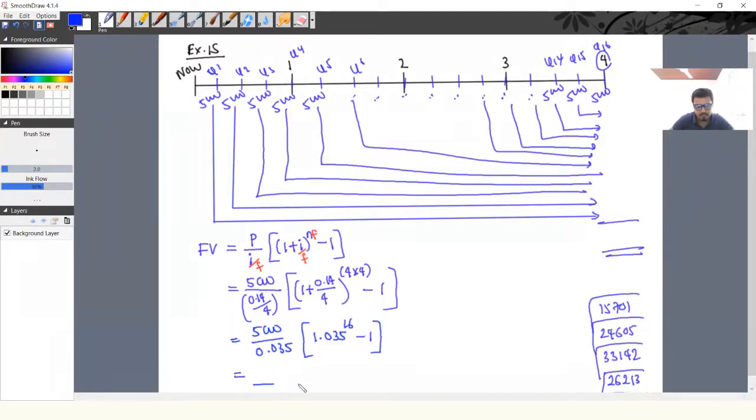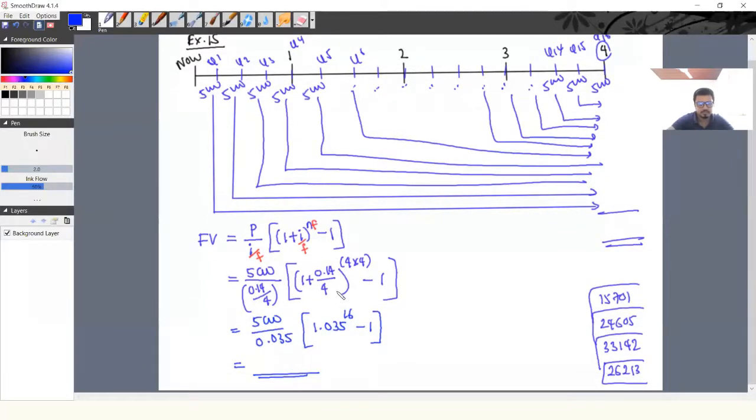So it should be equal to 1.035 to the power 16 minus 1, into 5,000 divided by 0.035. It should be 104,855.